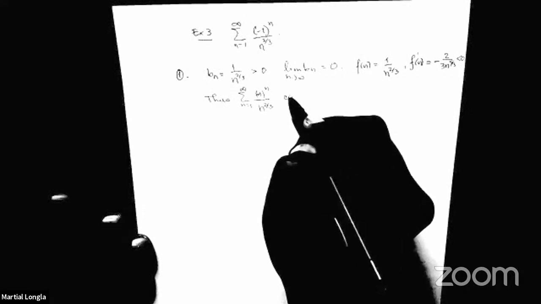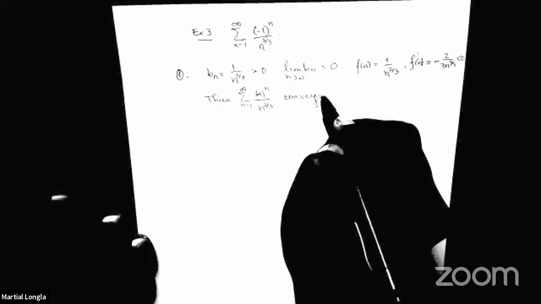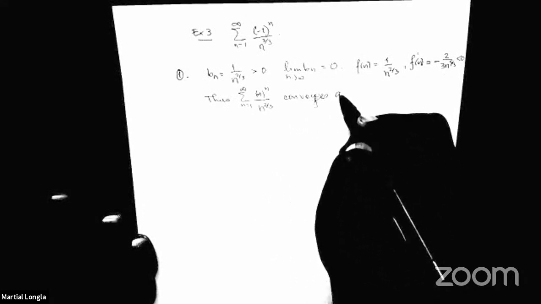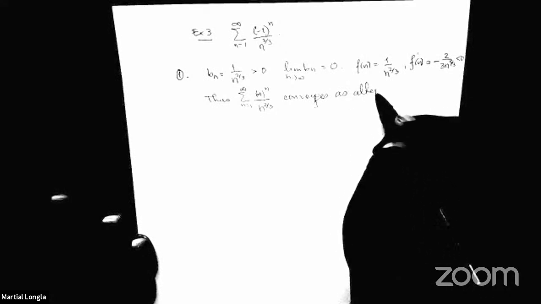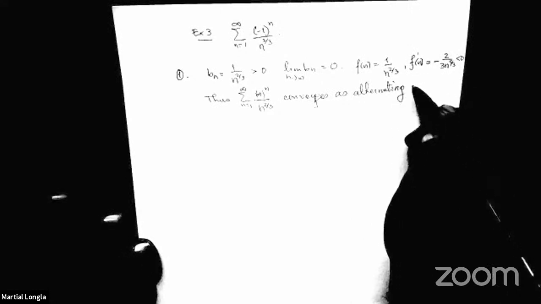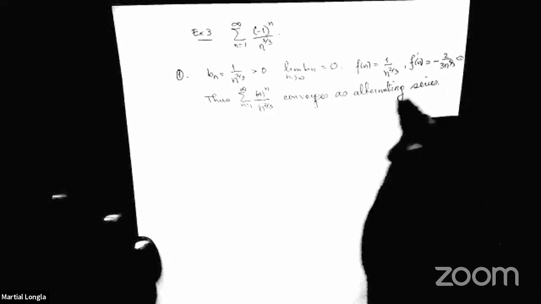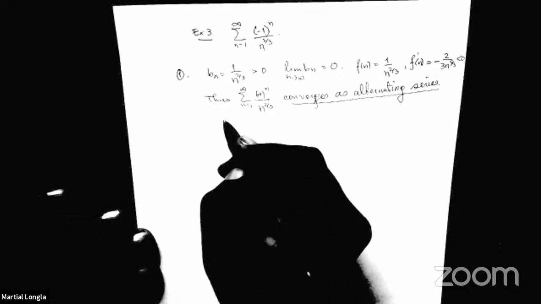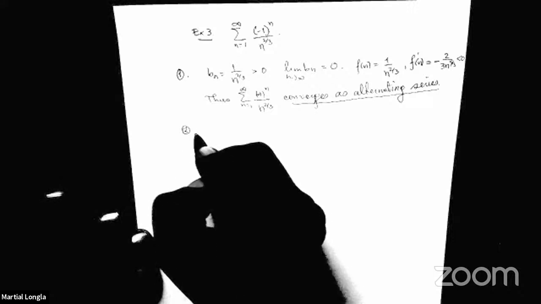You would say it converges as alternating series, because it is an alternating series, so you need to say that. Those are the three things that you check for an alternating series to converge.